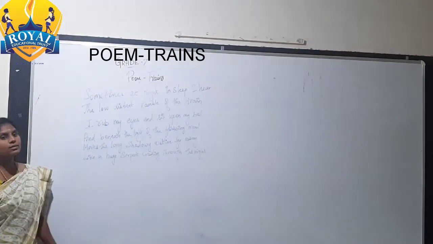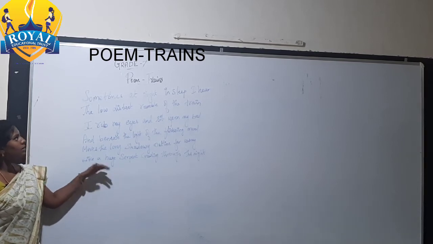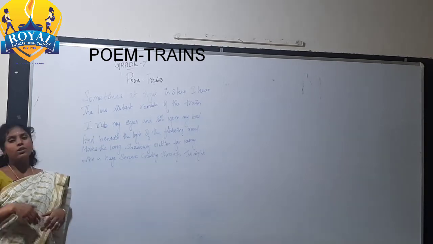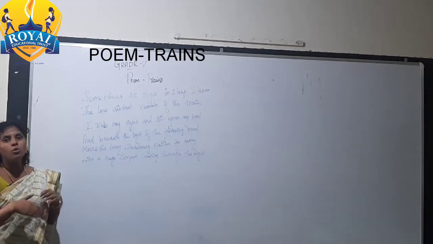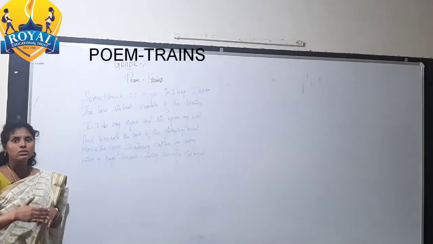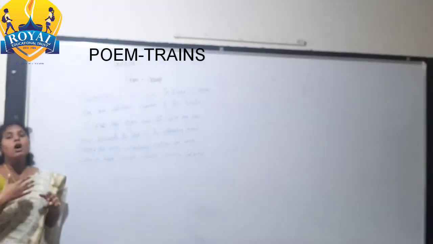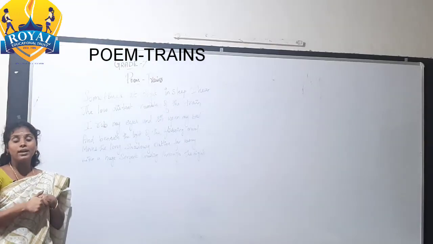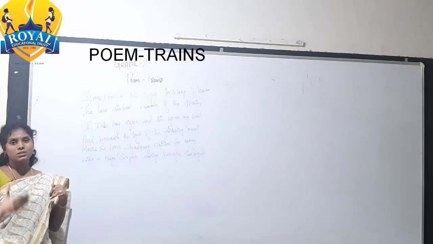In the fourth stanza, the poet tells about the train without taking any rest. So how it was working, and in the middle of the night also how it works. It was watched by this young child.